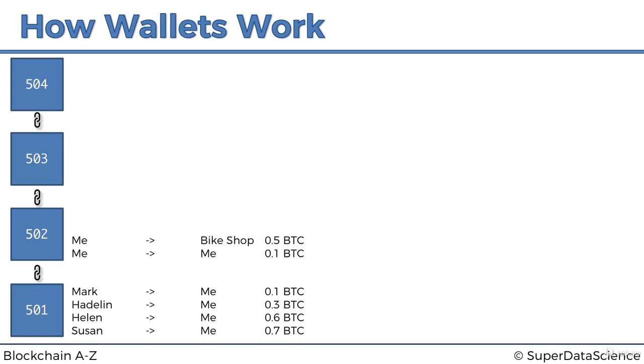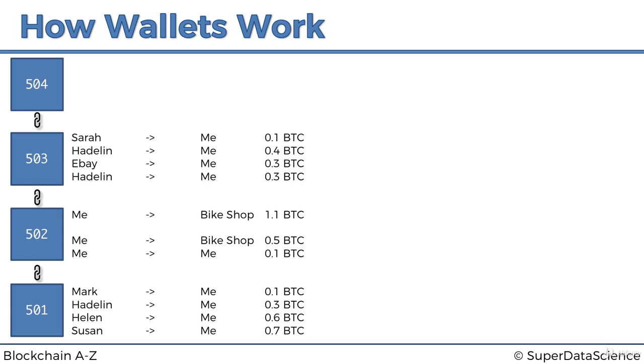Then when I purchased the first bike in the bike shop, that went to block 502, and the second transaction went into block 502 as well. Then the more transactions that came along were in 503, and in block 504 again I went shopping for a bicycle.